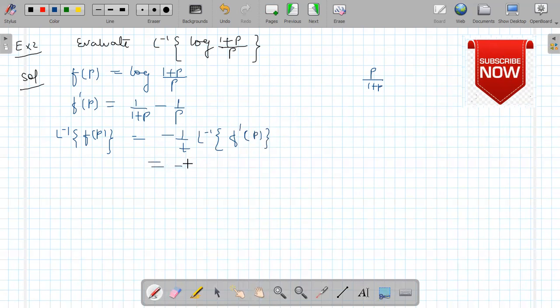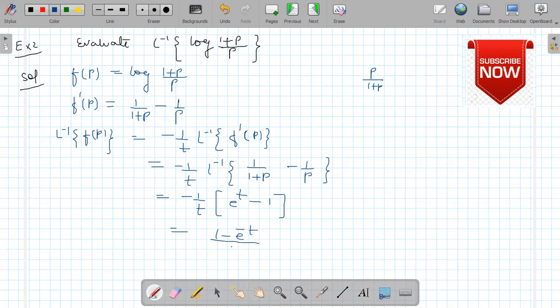So this is equal to minus 1 upon t into Laplace inverse of 1 upon 1 plus p minus 1 upon p. That will give you minus 1 upon t into (e raised to the power minus t minus 1). So this is (1 minus e raised to the power minus t) whole divided by t. That will be the answer.